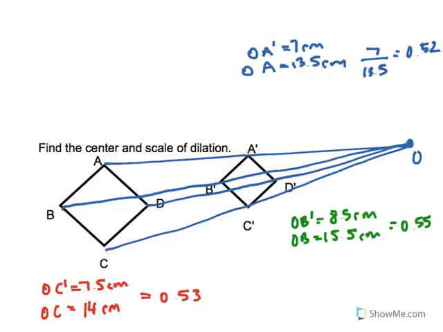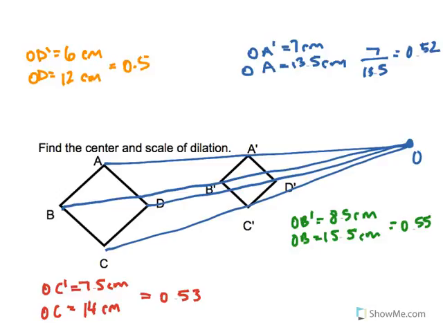Now let's measure the distance from center to D prime. We get 6. From the center to D original, we get 12.